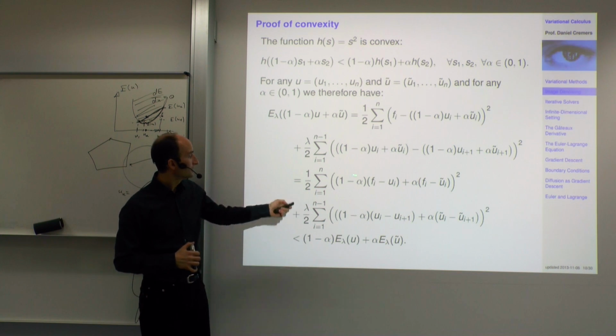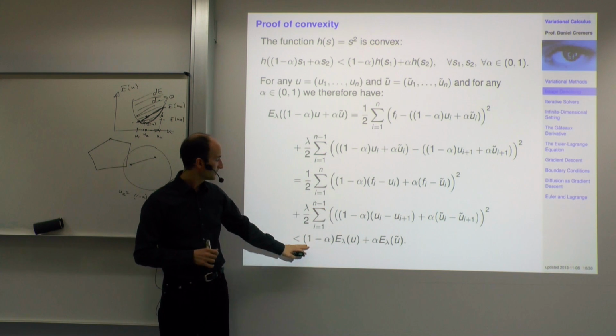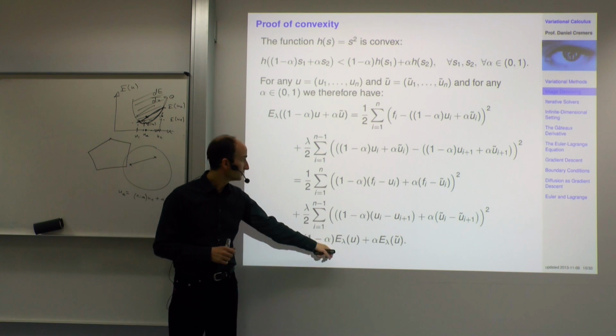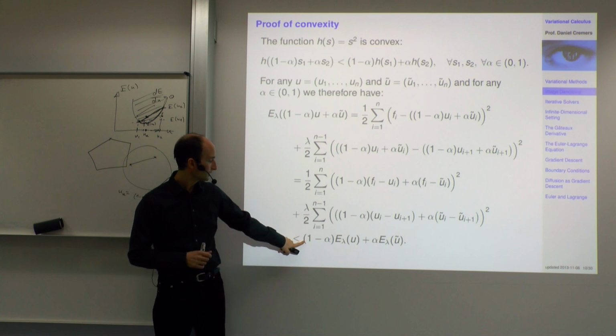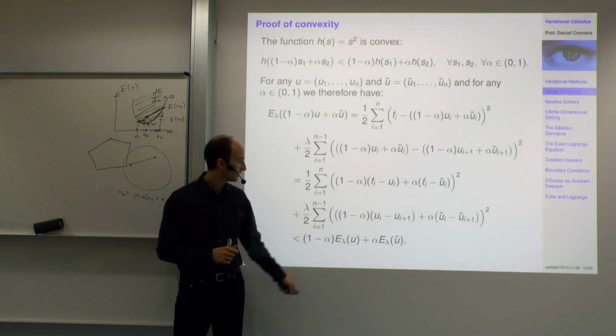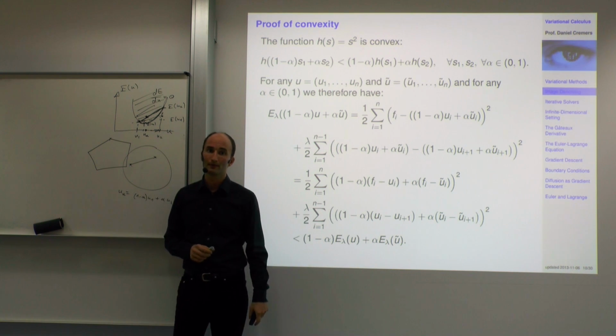And then we can rearrange terms in such a way that the outcome is smaller than (1 minus alpha) E of U plus alpha E of U tilde.